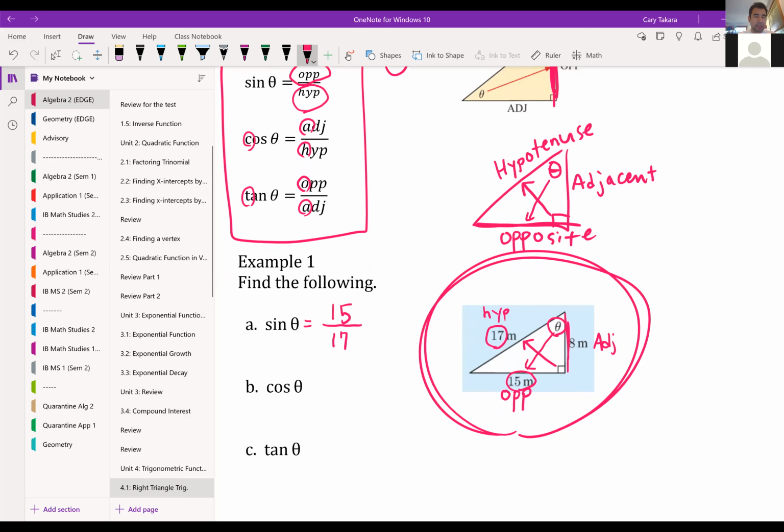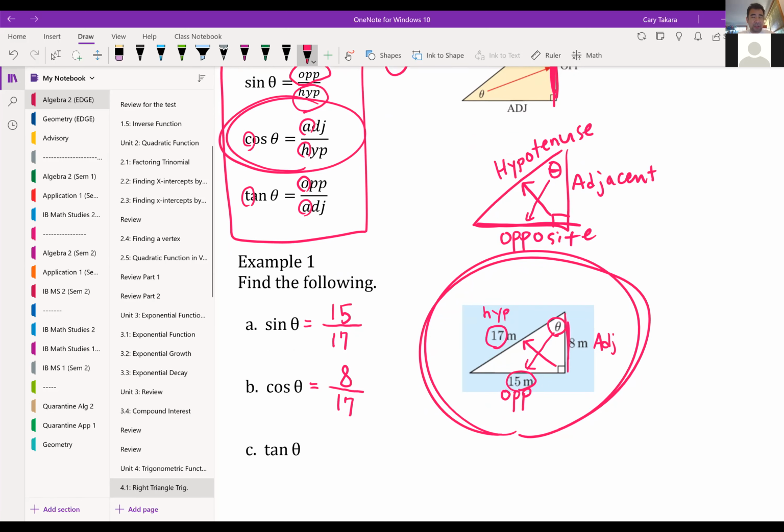How about cosine? Can you try that? Cosine of theta is adjacent over hypotenuse. What's adjacent? 8 over hypotenuse, 17.